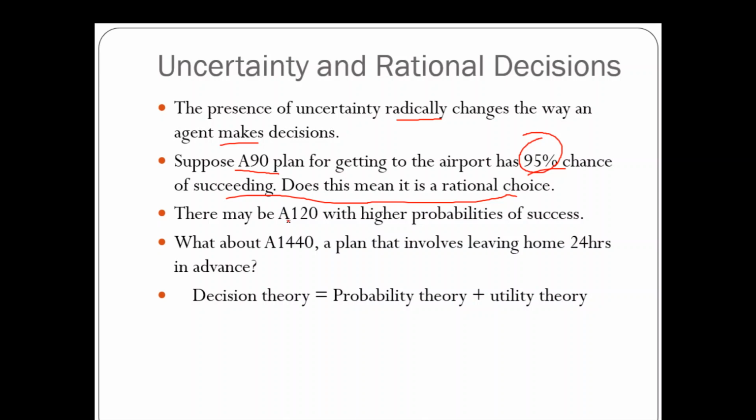So there may be an A120 with a higher probability of success. It may have a success rate of 98%, okay, but it may have more waiting time, right? There may be another plan, A1440, a plan that involves leaving home 24 hours in advance. This may have a higher probability of success, 99%, but it will have more waiting time.